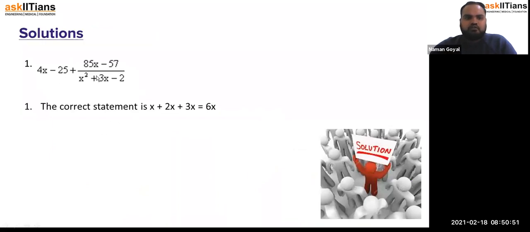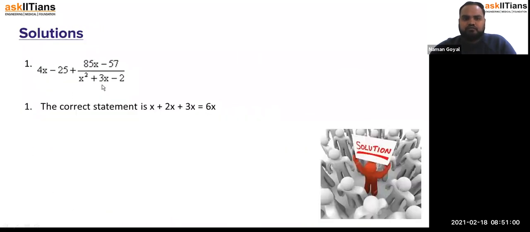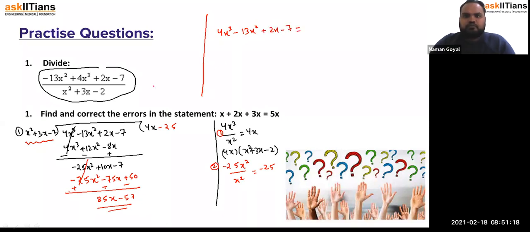Are you getting my point? So how can we write this quantity in this form? Let me show you. As I told you earlier, we can write down this dividend, which is 4x cube minus 13x square plus 2x minus 7, as what?